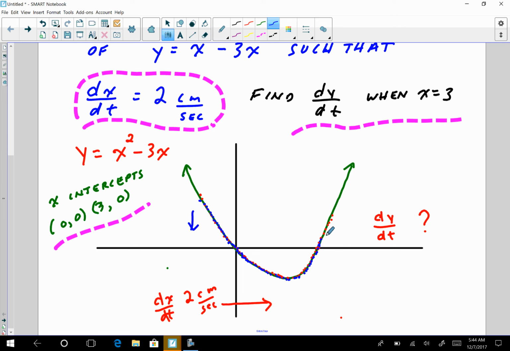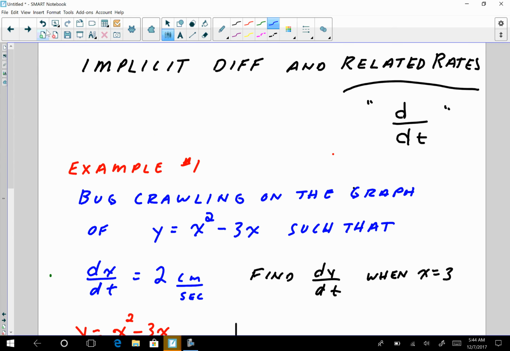Since he's crawling up at x equals 3, we will know for certain that at x equals 3, dy/dt has to be positive. I think I have that outlined on the next slide. Let's check out the next slide and see what's there.